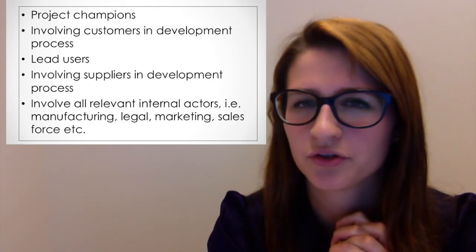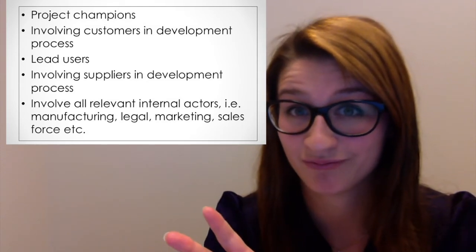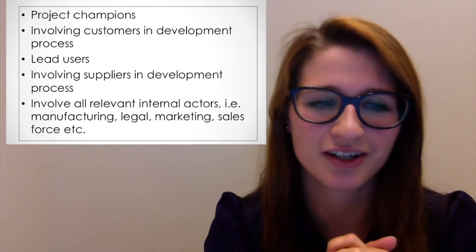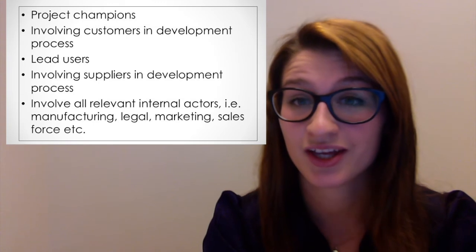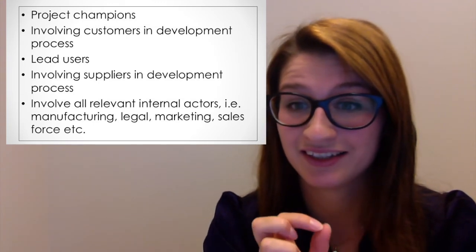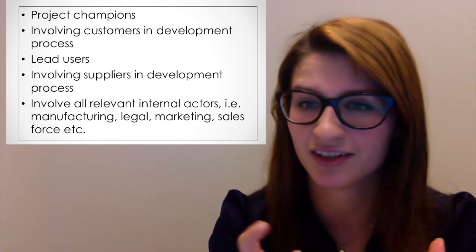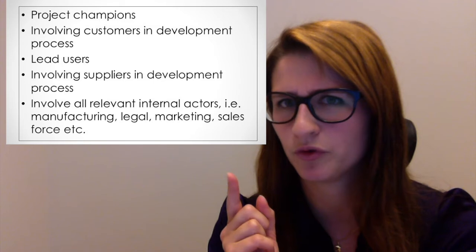It's also important to involve all the relevant internal actors. And it's kind of hard to know who all of these people are, but some examples are manufacturing. Is it possible to actually build this thing that you now have a prototype of? Perhaps they can give some insight and say, well, when you use that material, you know that we have a very small supplier of that.